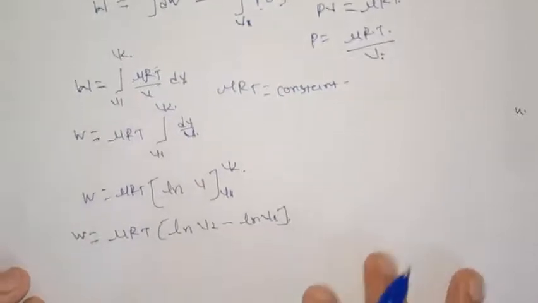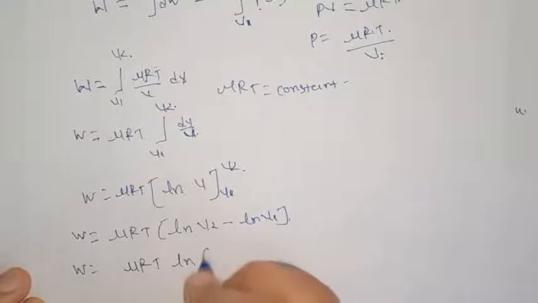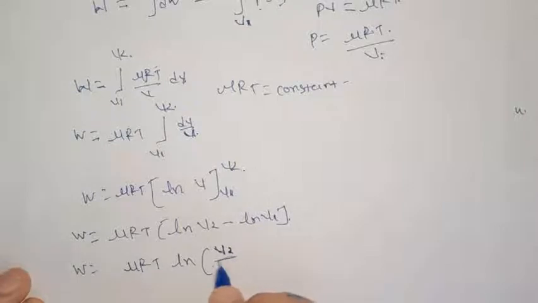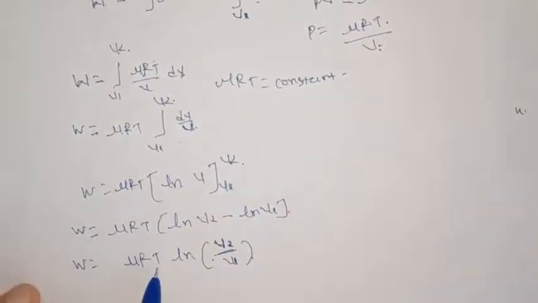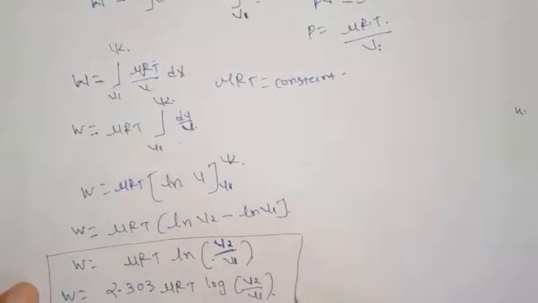Using the property of log, we can write W is equal to μRT ln V2 upon V1. If we want to convert it into log base 10, then we can write W is equal to 2.303 μRT log of V2 by V1. So this will be the work done during the isothermal process.